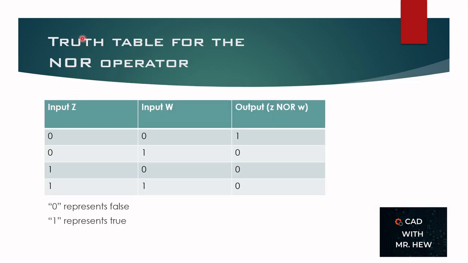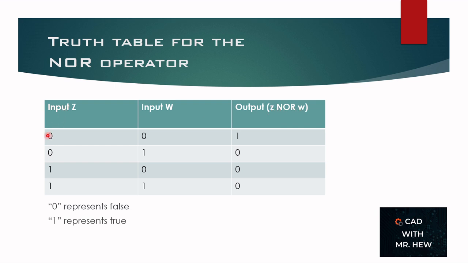So here the truth table shows the values for the input Z, the input W, and the output using the NOR operator, Z NOR W. So 0 represents false, 1 represents true in this truth table. So we have the input Z, the input W, and the output using the NOR operator is Z NOR W.